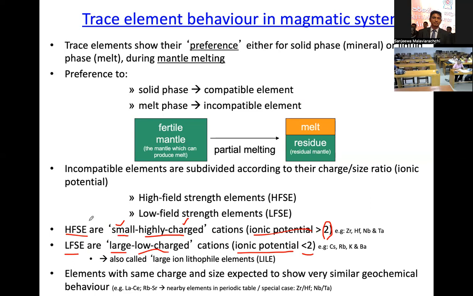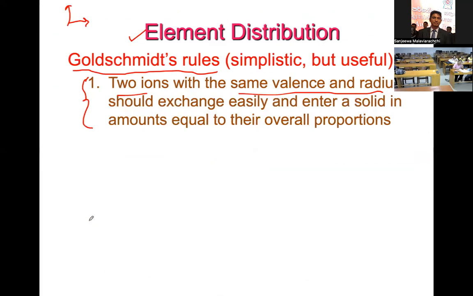So this is important. Charge and size are important because that matters how these ions can be replaced in phases, either solid phase or liquid phase. That means minerals available in igneous systems. The first rule says the ions with the same valence and radius should exchange easily and enter into the solid in amounts equal to their overall proportions.